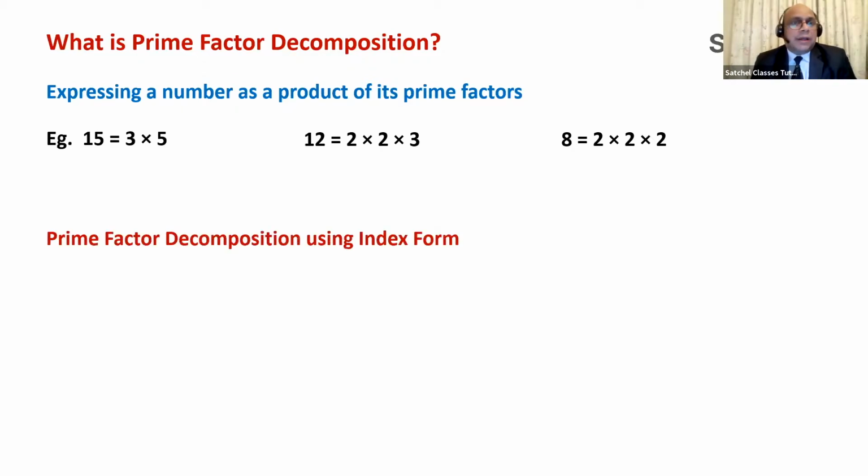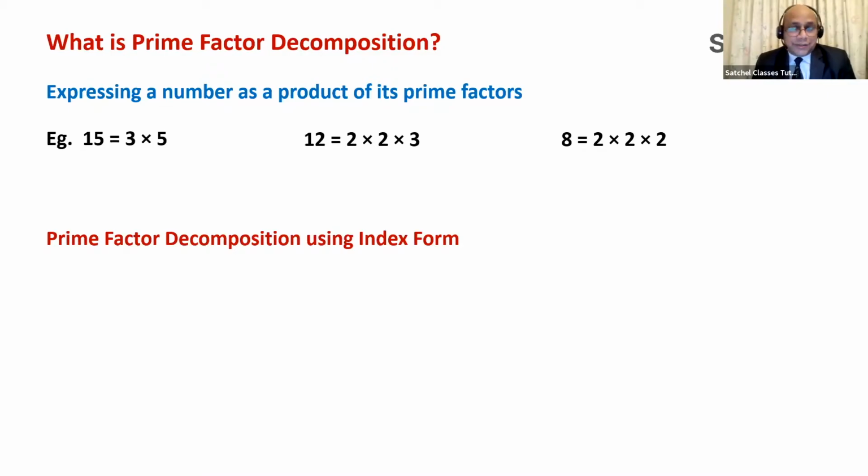Now, we can sometimes write prime factor decomposition in an index form. When does that happen? When there is more than one of a particular prime factor. For example, in the number 15, we have one 3 and one 5, so we cannot write that in index form. However, if you look at the number 12, it has two 2s and one 3, so we can write that in index form.